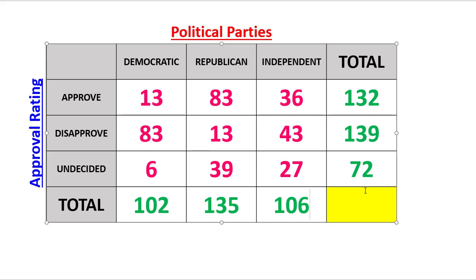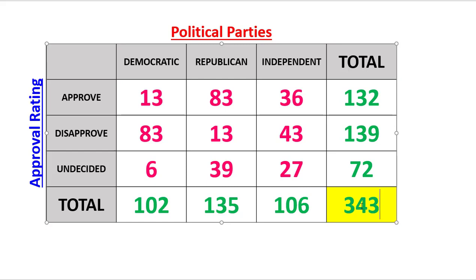It tells you the total amount of people in all, regardless of their political party or the approval rating. So if you add up 132 plus 139 plus 72, you get 343. The great thing is if you added up 102 plus 135 plus 106, you'd also get 343.